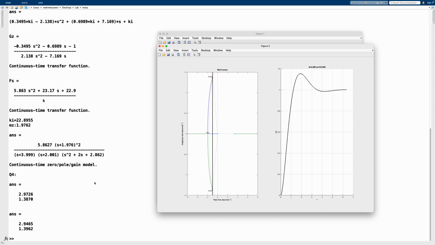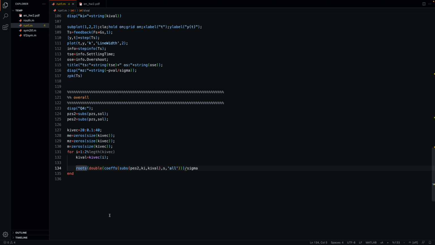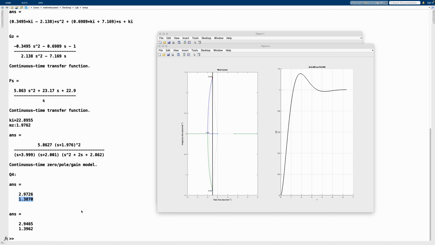Now if we have two poles with dominance factors 2.97 and 1.38, the overall dominance factor for these two roots would be determined by the minimum one, the small one. So I'm going to use the minimum operator to look for the actual one, because we're only interested in the nearest pole or zero or whatever it is, and we're going to ratio that for the dominance factor.